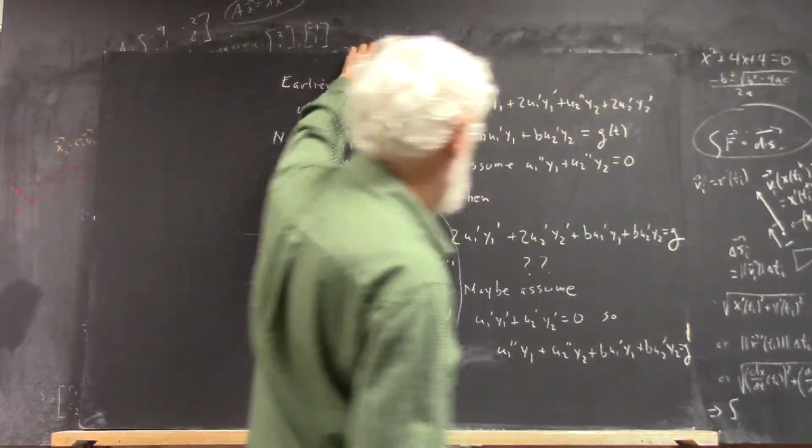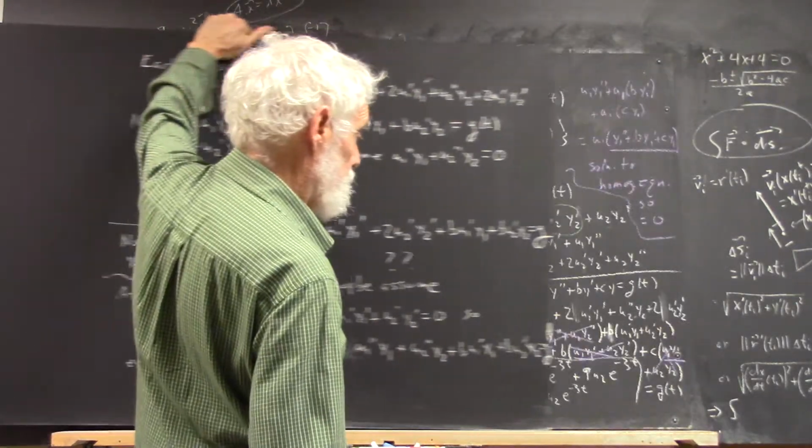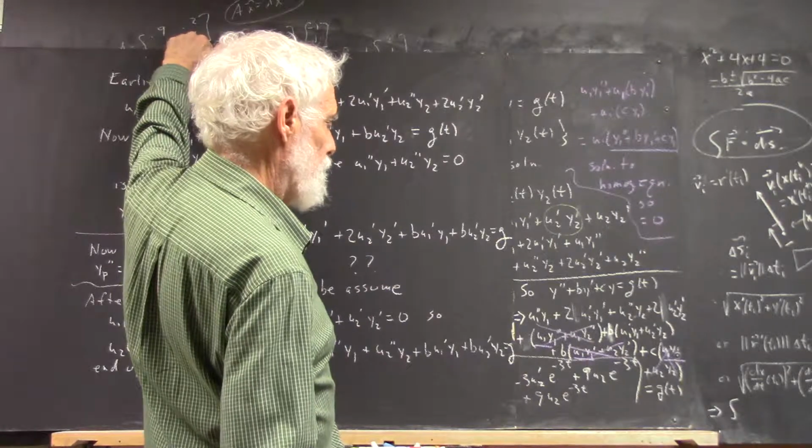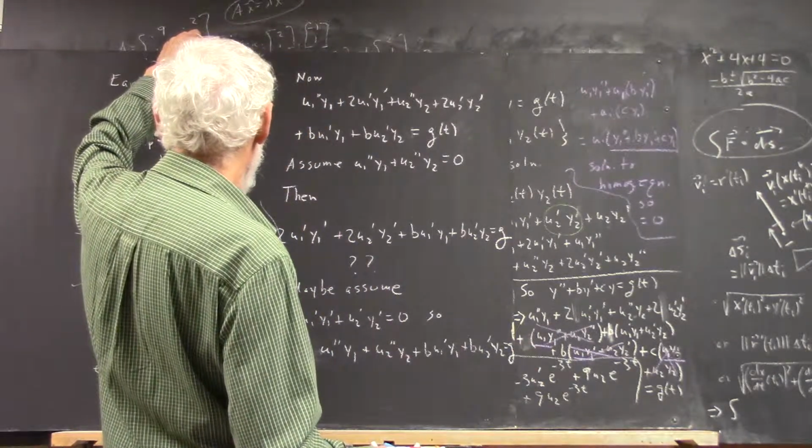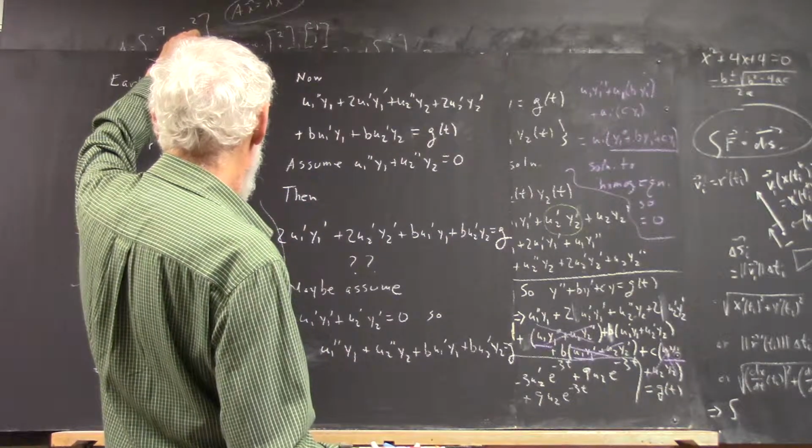I've got to look back to make sure what I just said is right. Because actually, we're just going to get a U1 prime, Y1 prime, and a U2 prime, Y2 prime.